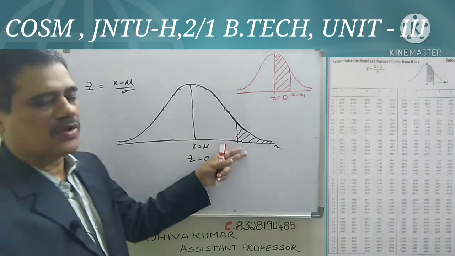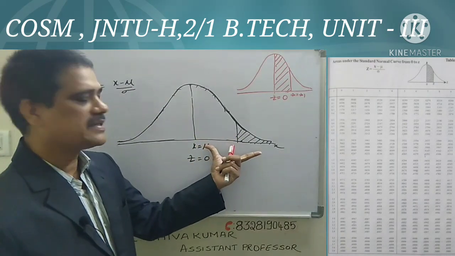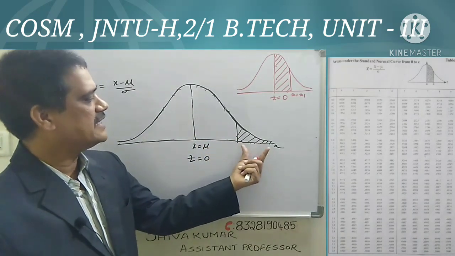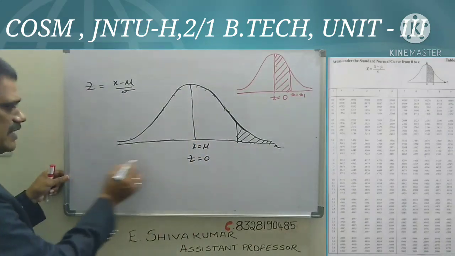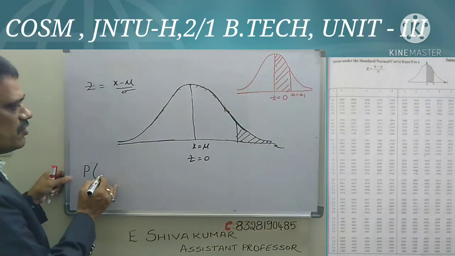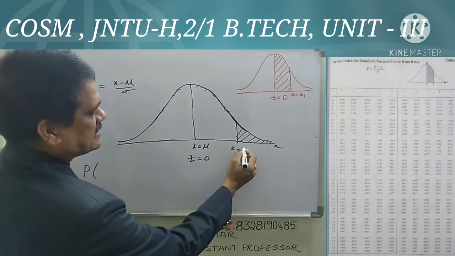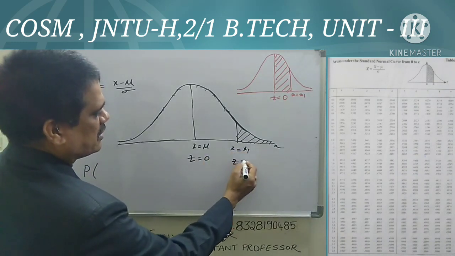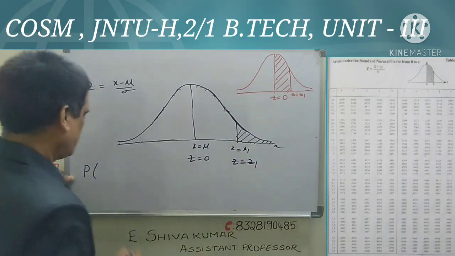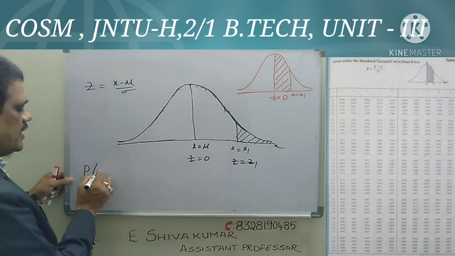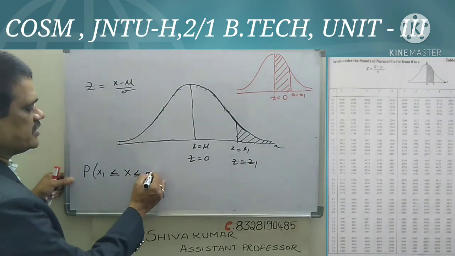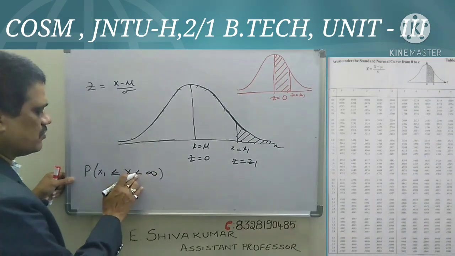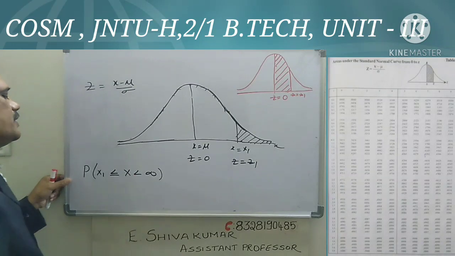The total area is 1 and this half area is 0.5, so we can easily find this area if you know the other area. For example, this is x equals x1, and the corresponding z value is z1. So the probability of x1 less than or equal to x less than infinity, no need to put equal.